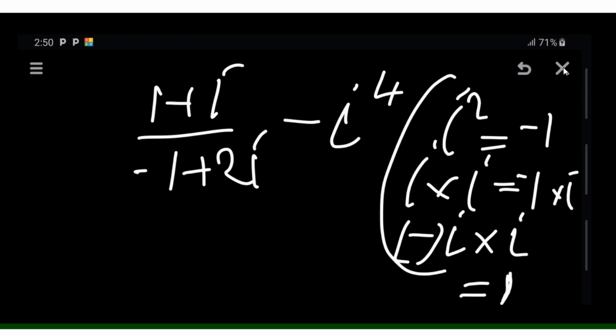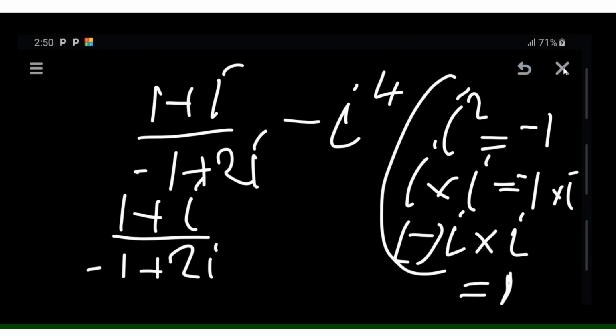Now, the +1, you get it here. It will give you, because we have an originally negative here, so positive times negative is a negative still. So I am having my equation here as plus i over -1 plus 2i, minus 1.